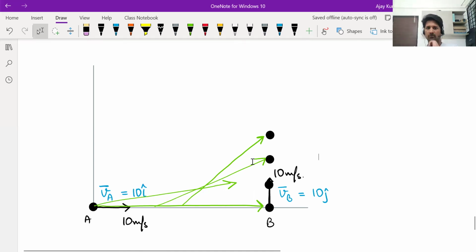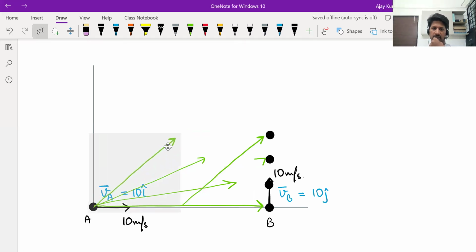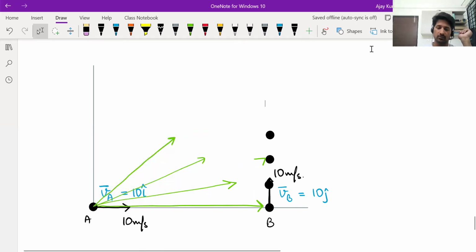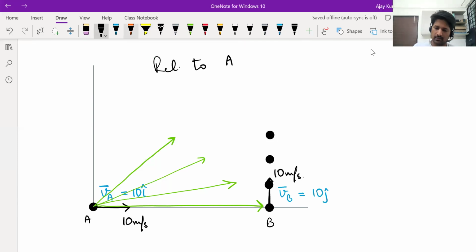At the next instant, B appeared to be at some angle as seen by A. At another instant later, B appeared to be at this position, not just the angle. Another instant later, B appeared to be here, at this position as seen by A. This is what is happening actually as seen by A. So relative to A, B appears to be going this way. That is what we mathematically derived here.